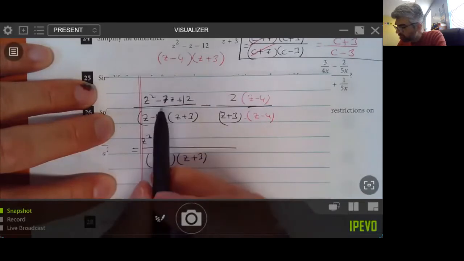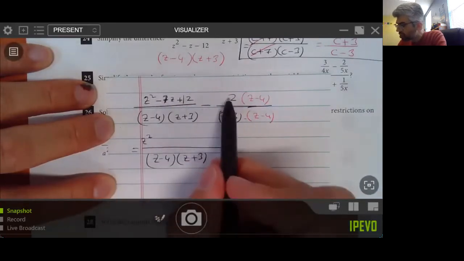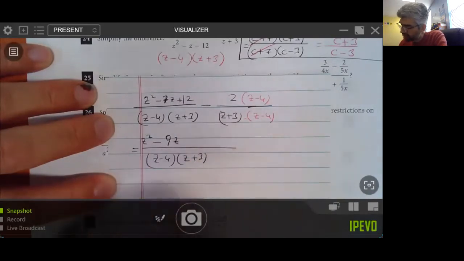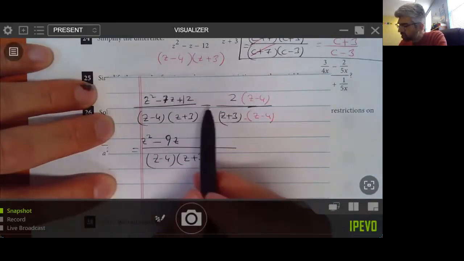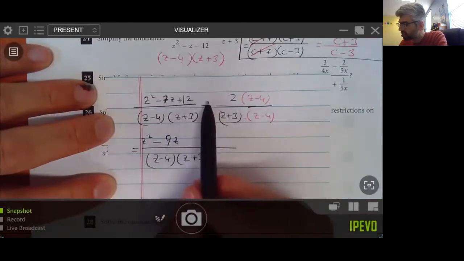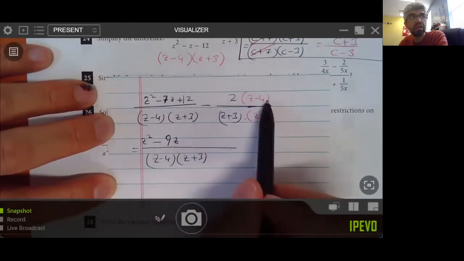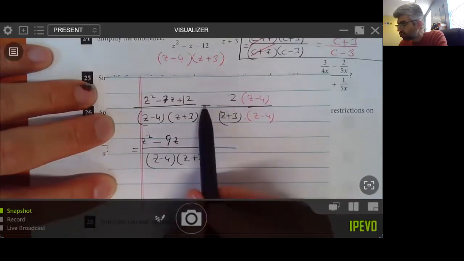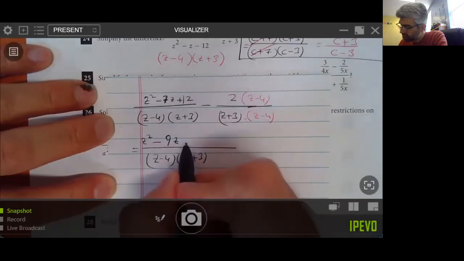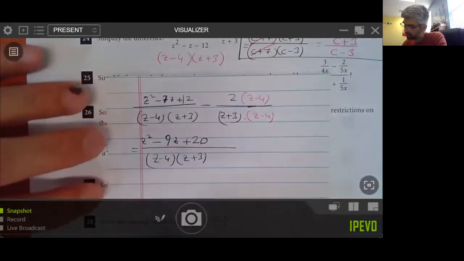Now guys, minus 7z minus 2z together minus 9z. Plus 12 minus 2 times negative 4. Pay attention. 12 minus 2 times negative 4. What is it? Negative 2 times negative 4 is positive 8, and plus 12 is plus 20.